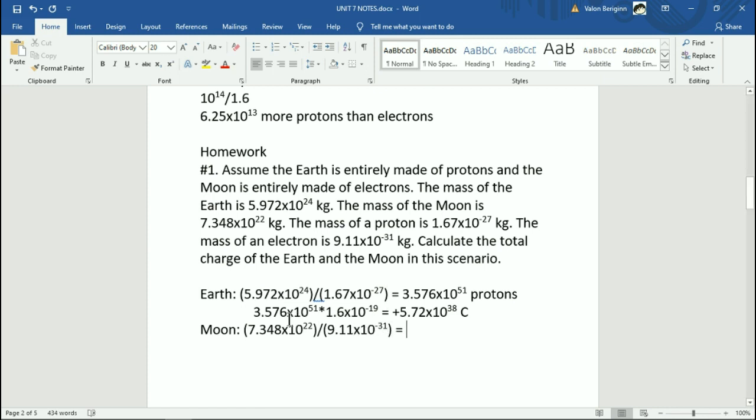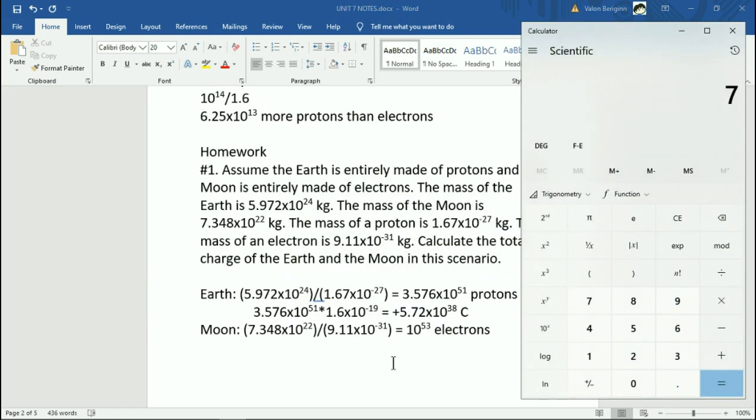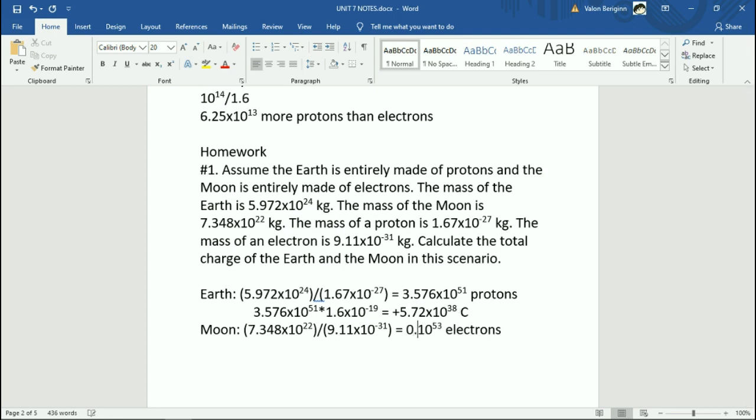Okay, exponents, 22 minus negative 31 gives you 10 to the 53. And then you have to find the coefficient, so 7.348 divided by 9.11. I'll do 0.8066. Okay, so that's not in correct scientific notation though.